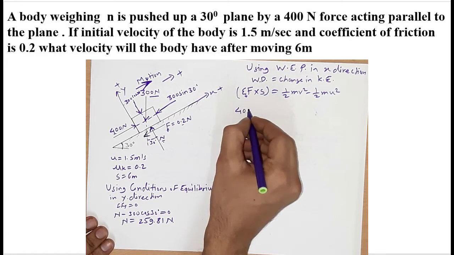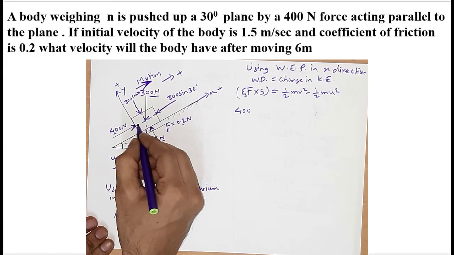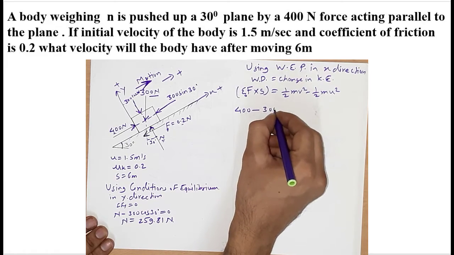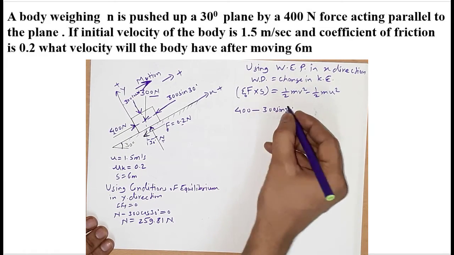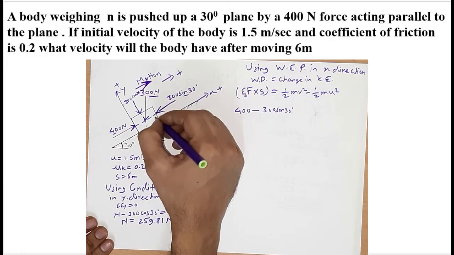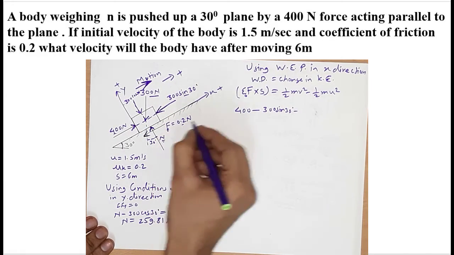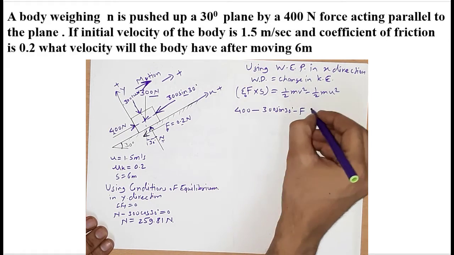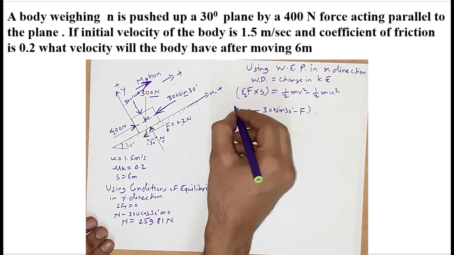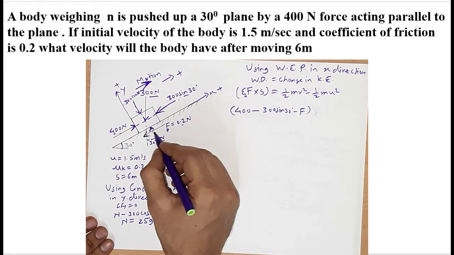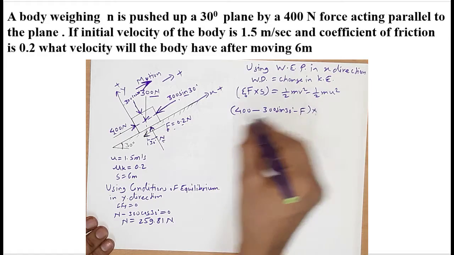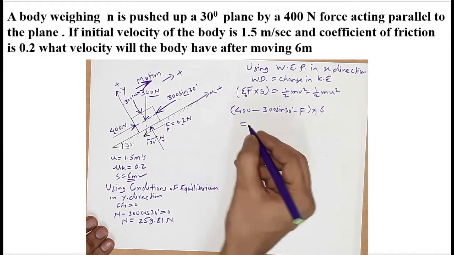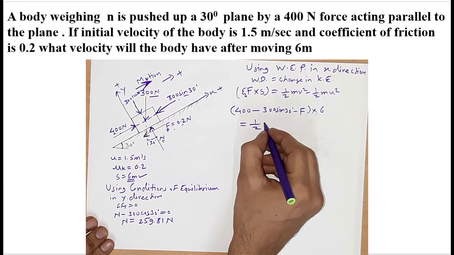So 400 Newton, the applied force in favor of motion, is positive, minus 300 sin 30-degree, the weight component opposite to motion, minus the friction force F. These three forces multiplied by the displacement of 6 meters is equal to the change in kinetic energy.